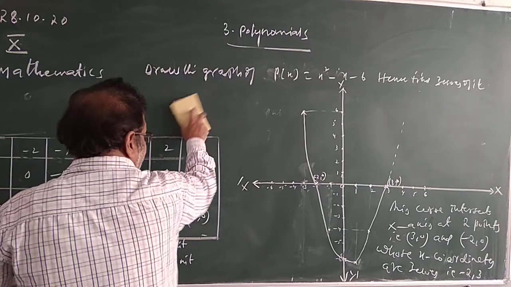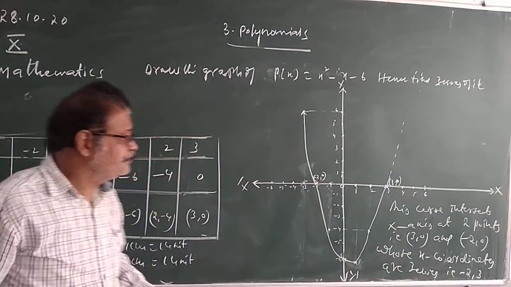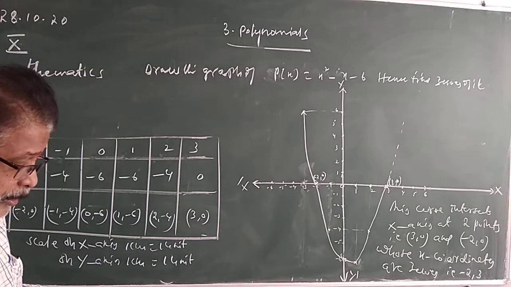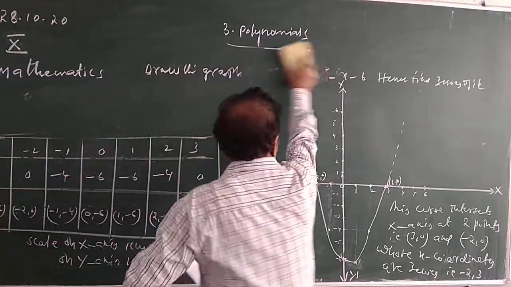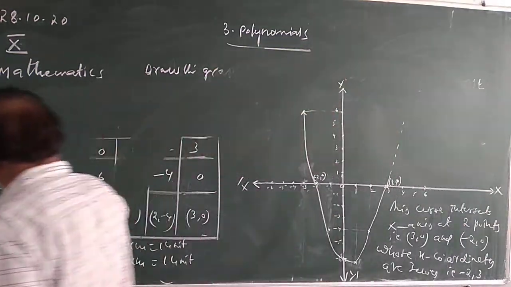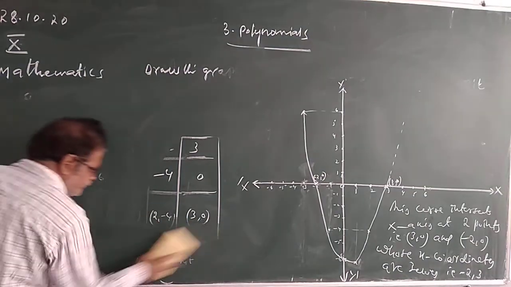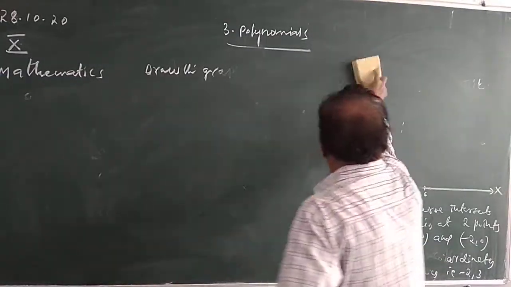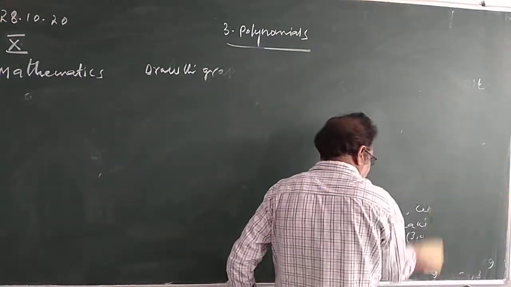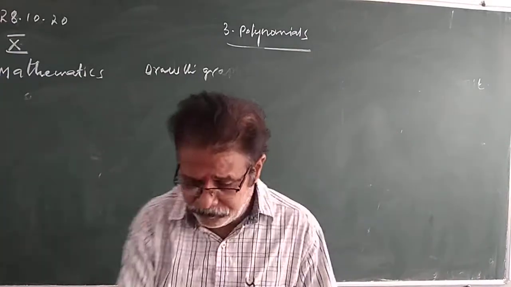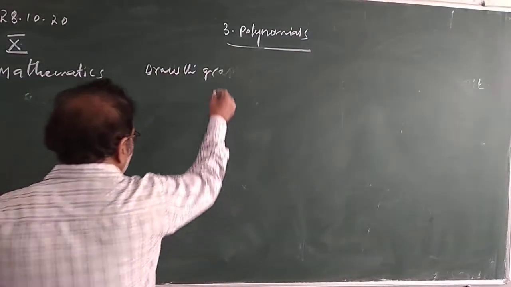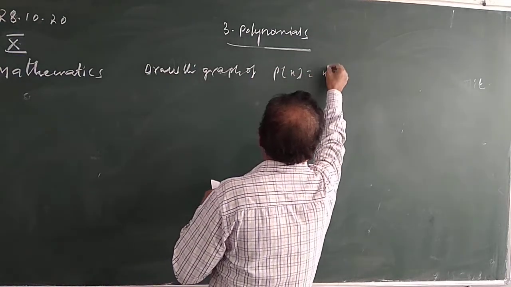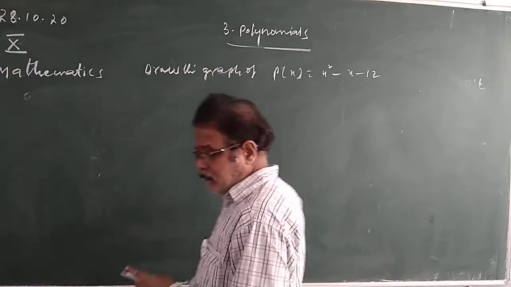Second, draw the graph of P of x is equal to x square minus x minus 12.